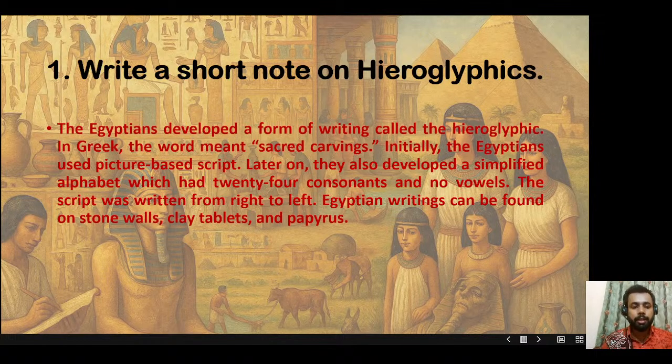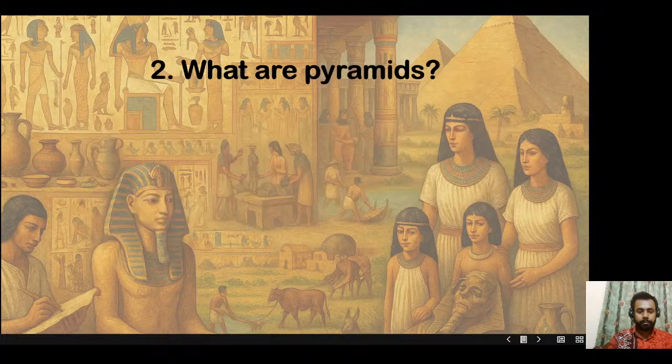Initially, the Egyptians used picture-based script. Later on, they also developed a simplified alphabet which had 24 consonants and no vowels. The script was written from right to left. Egyptian writings can be found on stone walls, clay tablets, and papyrus.